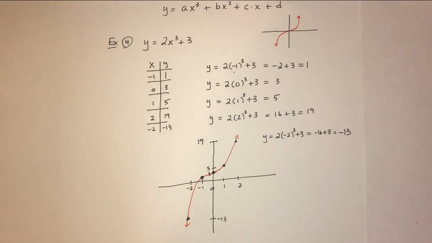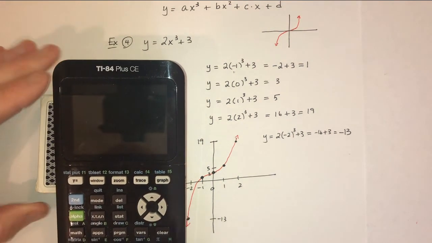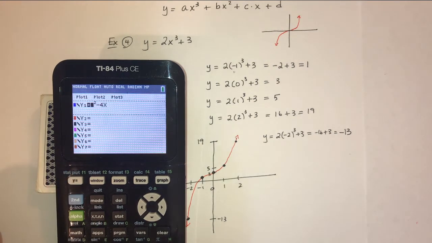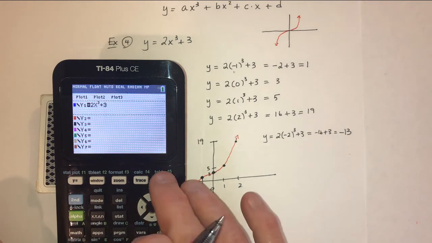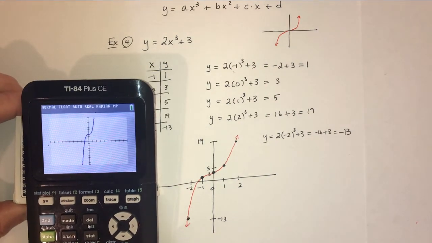And then let's see what the graphing calculator says about that one. So it's 2x cubed plus 3. Y equals, clear this out, 2x raised to the 3, move over, plus 3. Let's see, does it look like mine?